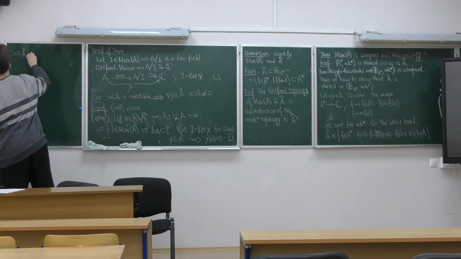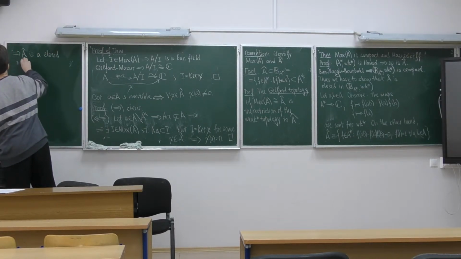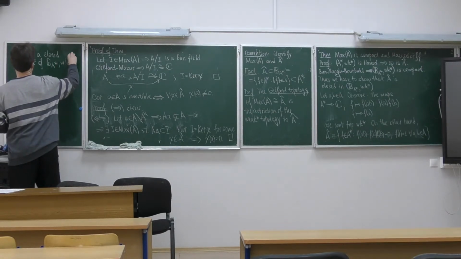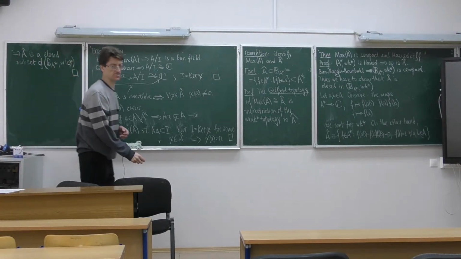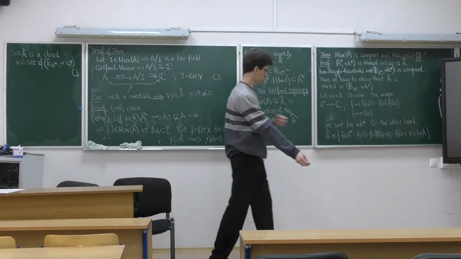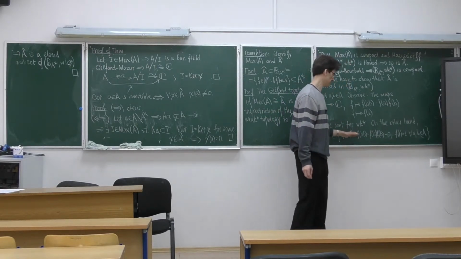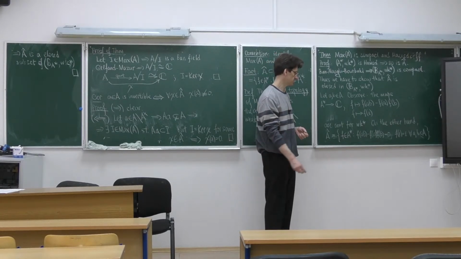This implies that A hat is a closed subset of the ball. So it is compact. And it is closed because, well, this is for each fixed pair A and B. This is closed because this is the preimage of a point under a continuous map.